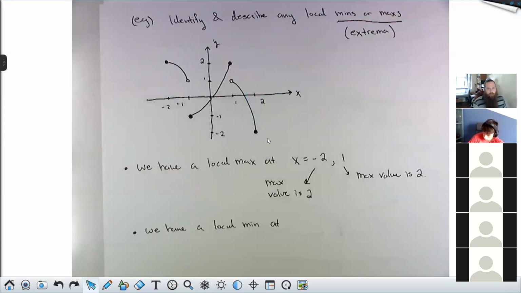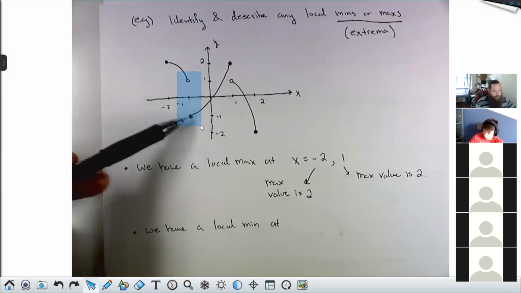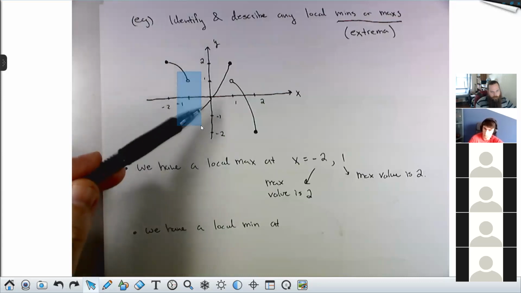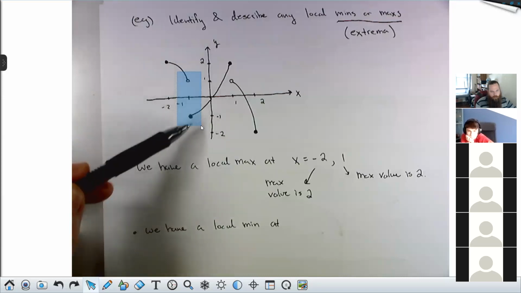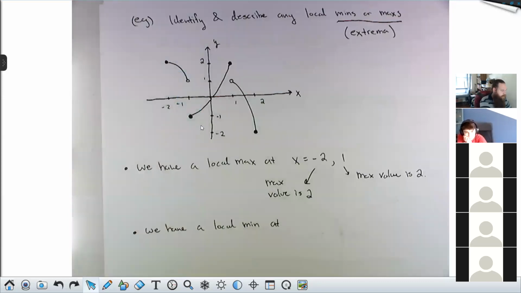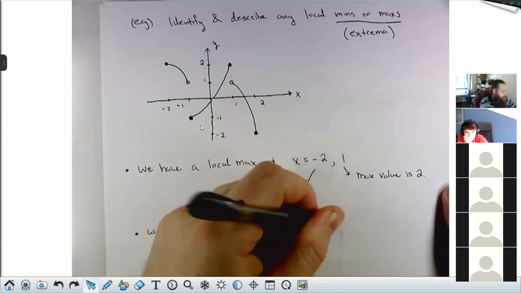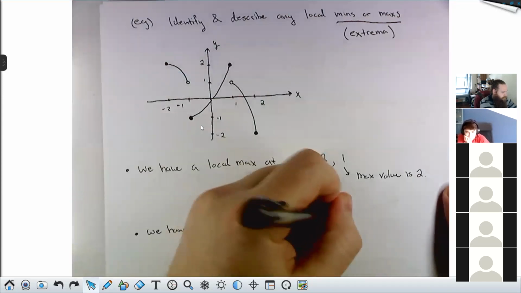There's another one. Where's the other one? -1. Very good. If I draw a little window around -1, we see that this point, which is the filled in point on the graph here, is below everything else. Every other part of the graph within the window is taller than or above this point. So we have 2 local mins. We have local mins at x equals -1 and at x equals 2.